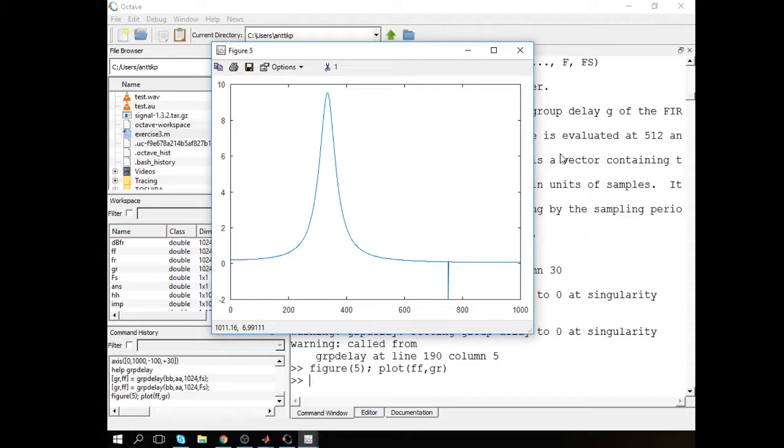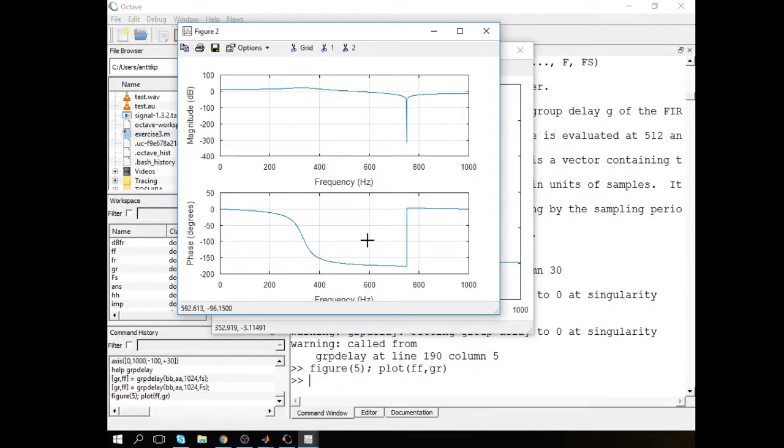So not good if you are trying to send a package of information with those two frequencies. They would come out of the system at a different time. Okay. But we can actually see the same thing already on the frequency response.